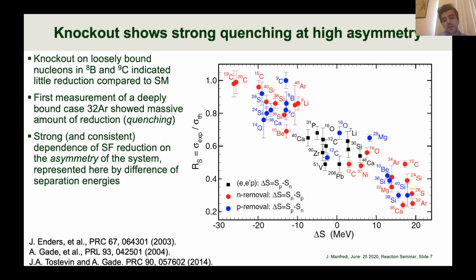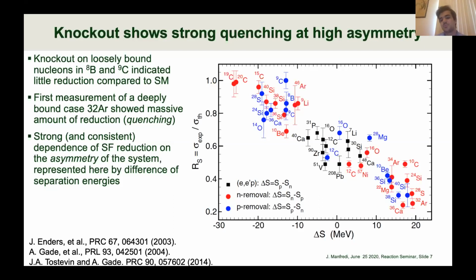And this is communicated here in a really nice plot on the right from a seminal systematic paper by Tostevin and Gade from 2014. On the x-axis is a quantity delta S, which I'm going to be using a lot today, which is the difference in separation energies. So for neutron removal, it's Sn minus Sp, and for proton removal, vice versa.